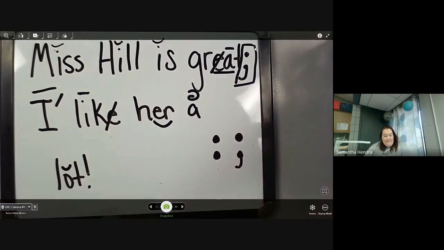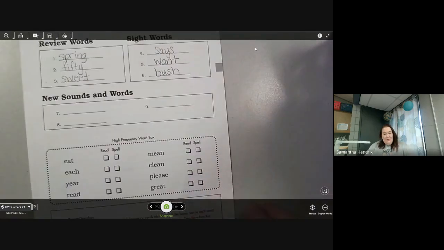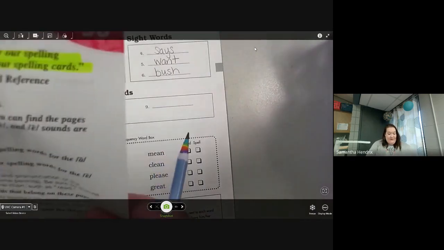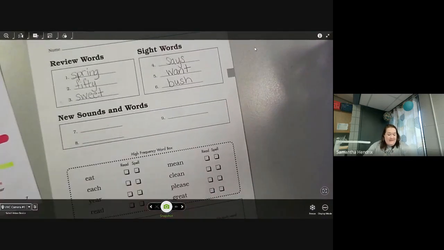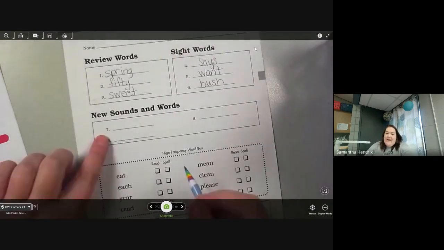Okay. So let's look at your worksheets. Where did I skip number 7? Oh, here it is. I skipped number 7. So let's look at number 7, 8, and 9. So new sounds and words. Head.